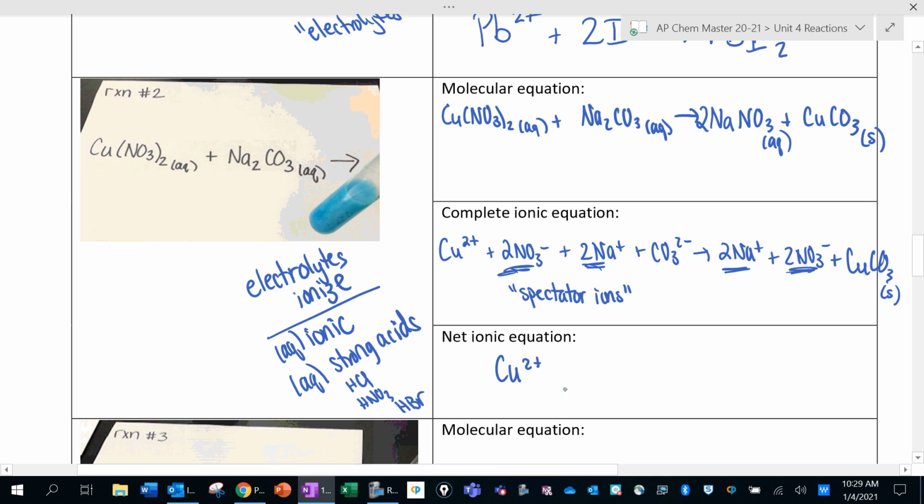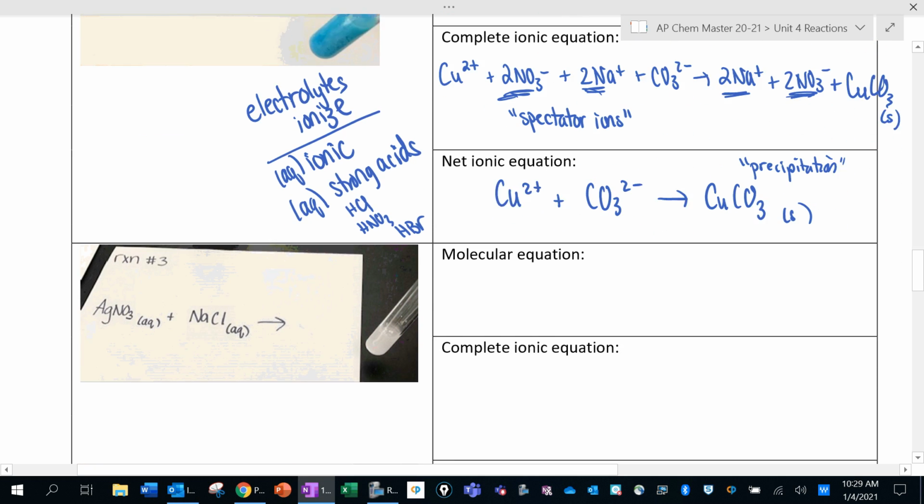So what we're left with is copper ion and the carbonate ion combine to make copper carbonate. And this is my actual precipitation reaction. So the net ionic equation only shows the species that are actually involved in a reaction and making some sort of change. So let's look at another one.